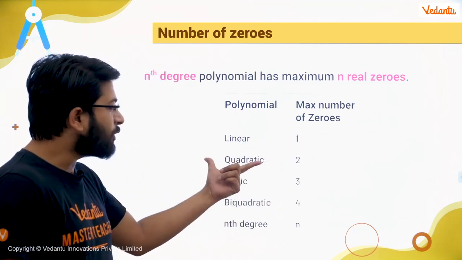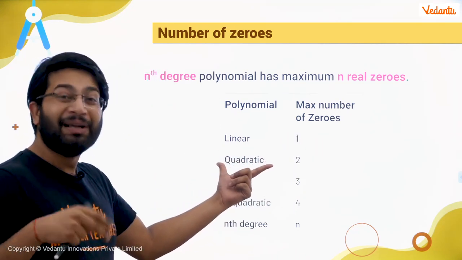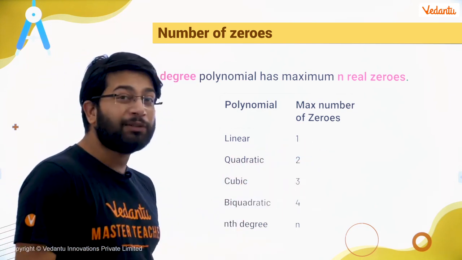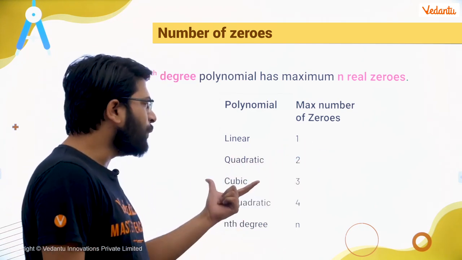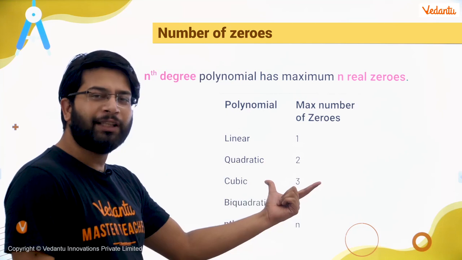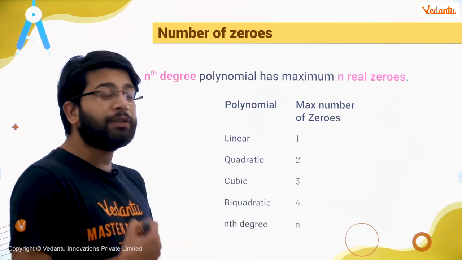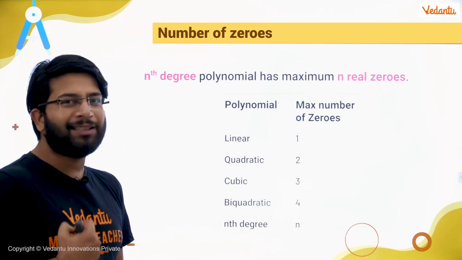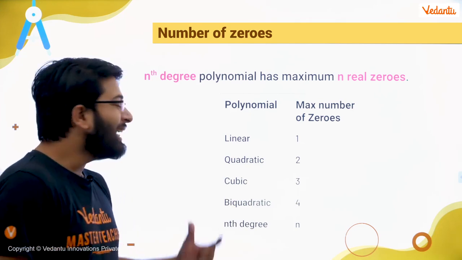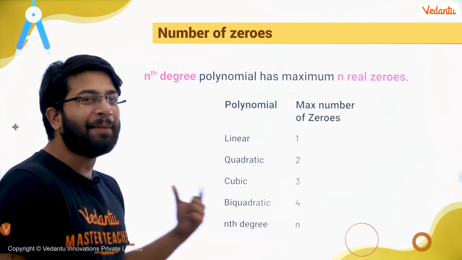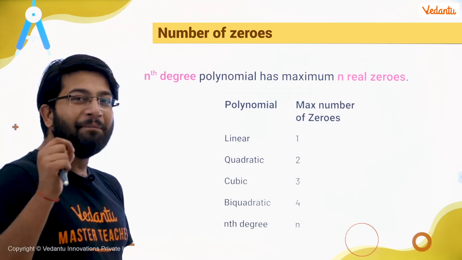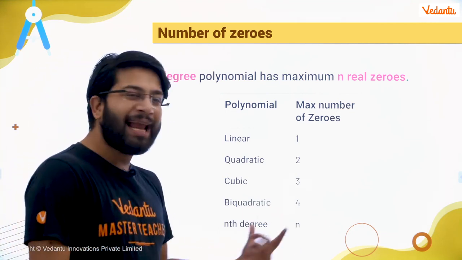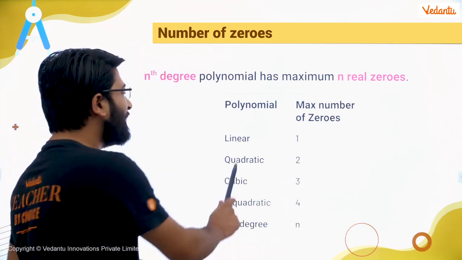In the case of quadratic, the degree is 2, so the maximum number of zeros will be 2. In the case of cubic, the maximum number of zeros will be 3. The maximum number of zeros will be 4 in the case of biquadratic. In the same way, we can generalize and say that in the case of an nth degree polynomial, the maximum number of zeros will be n. Very easy, right? I hope it is clear.